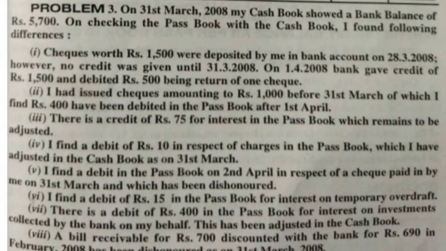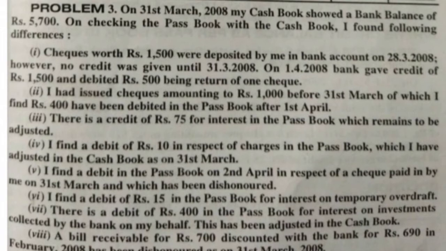The passbook is showing a higher balance, but no adjustment has been made in the cash book. The passbook is showing the increased balance by rupees 75 because it is a credit, so it is a receipt in the passbook. So we need to add this amount to the balance as per cash book since the passbook is showing the increased balance.